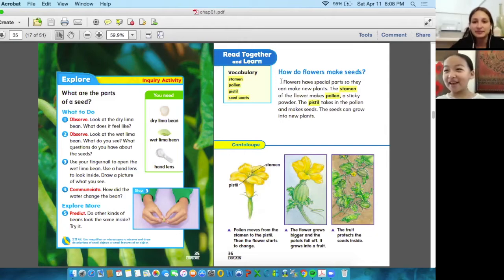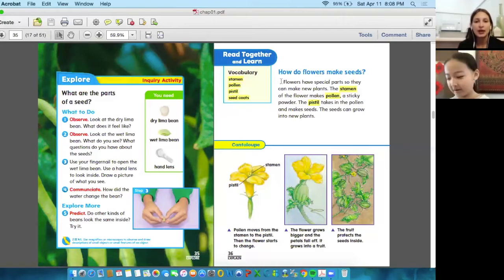Flowers have special parts so they can make new plants. The stamen of the flower makes pollen, a sticky powder. The pistil mixes in the pollen and makes seeds. The seeds can grow into new plants.